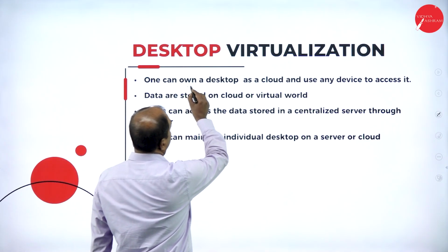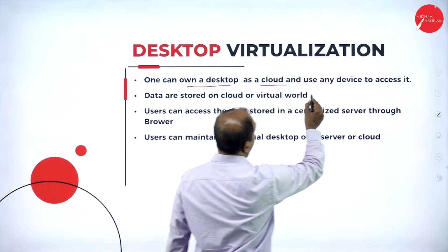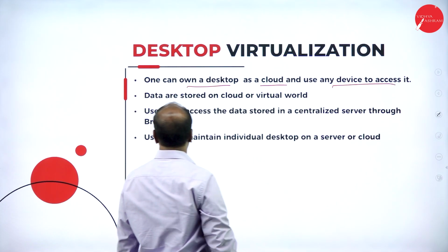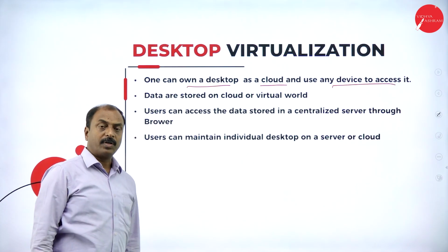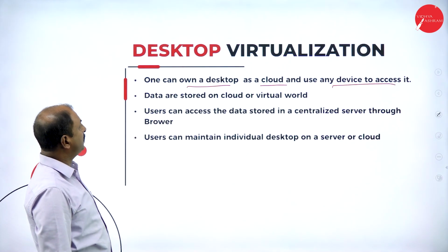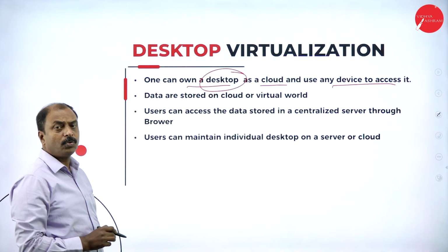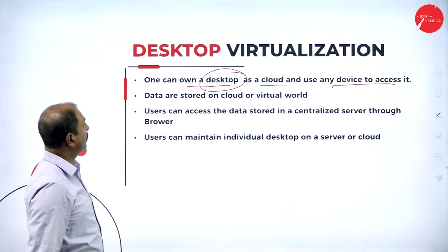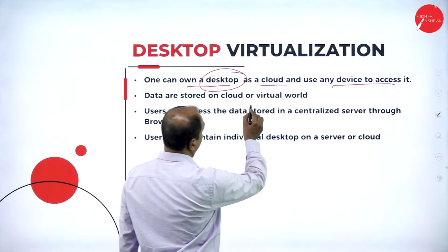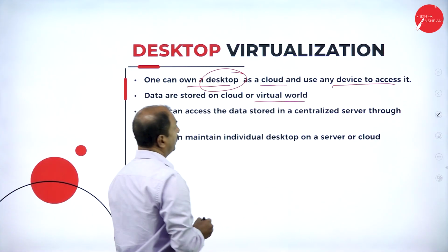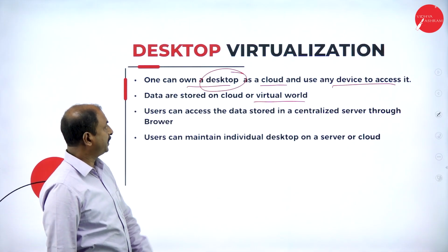One can own a desktop as a cloud and use any device to access it. So with the help of cloud computing technology, one user can have their own desktop through cloud computing.